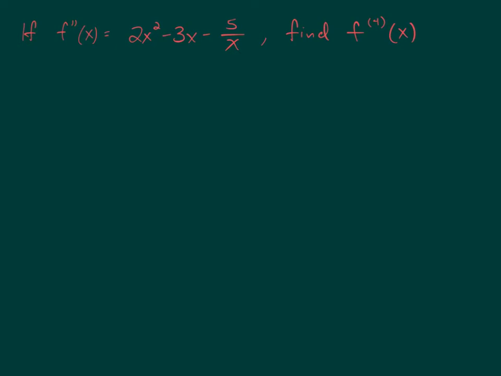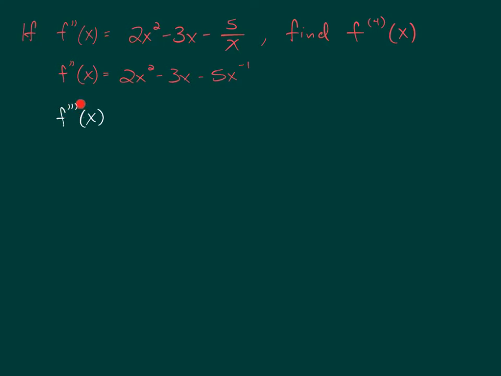So the first thing I want to do here is, I know I can't use the power rule on this piece until I have x to some power that's not in the denominator. So I write, let's see, this is f double prime of x. This is 2x squared minus 3x minus 5 times x to the negative first power. So to find the third derivative, and this, as a side note, is the last time we will write primes.